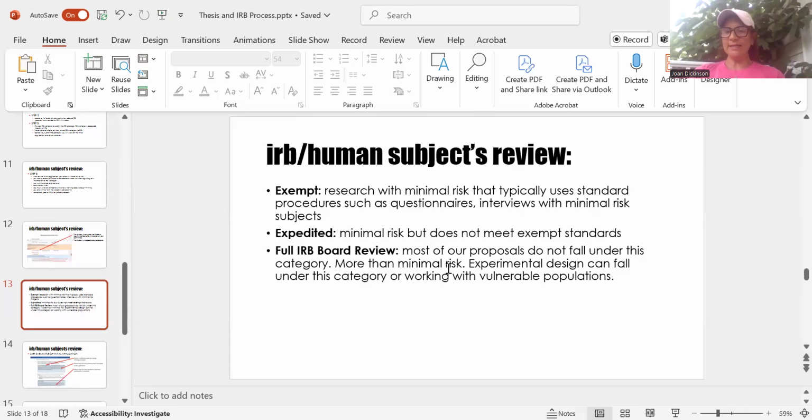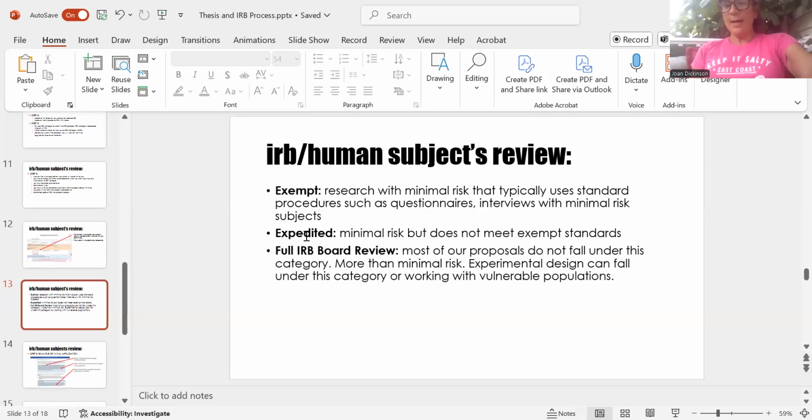They're almost always expedited. And the reason why our studies are expedited is because if you plan on audio recording or audio and video recording your subjects, then you fall into this expedited category. And our students almost always audio and video record. The reason why is because we might be doing qualitative interviews with our subjects via Zoom, and we want to record that because we have to go back in and analyze that data.